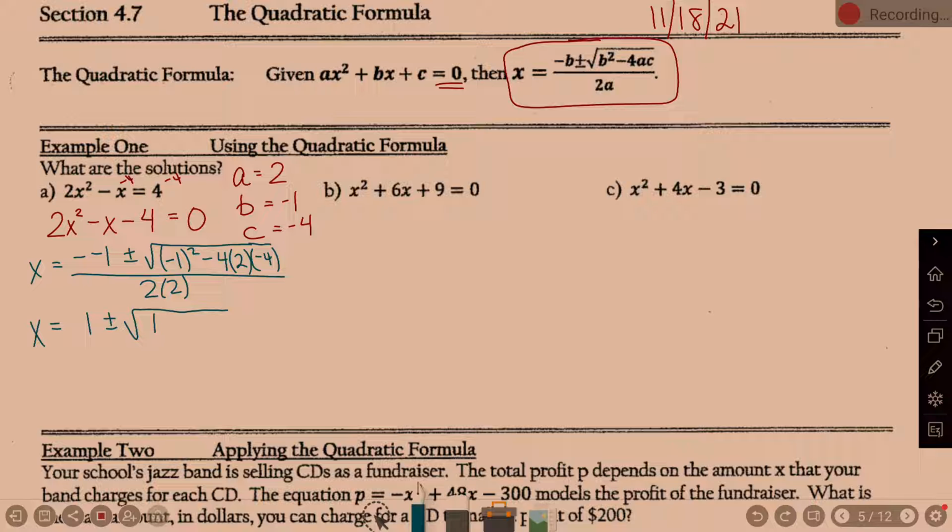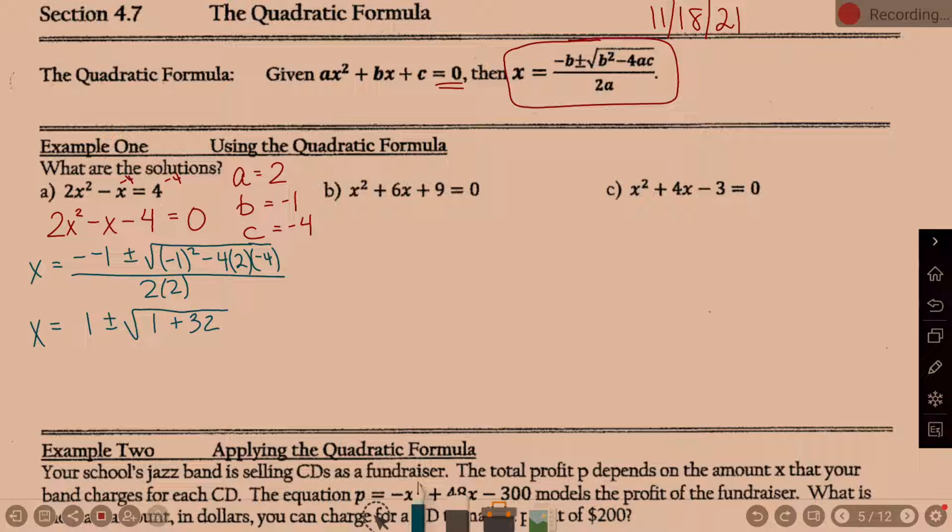Now, if I go back and think about my signs, it's a -4 to begin with, times a -4 down here. What's a negative times a negative? Positive. So this is going to be plus 32 in my parentheses.